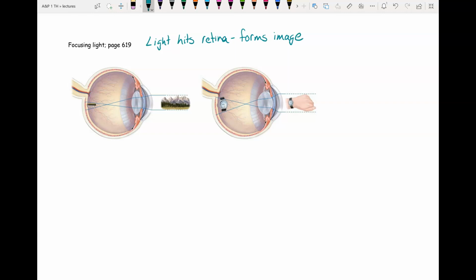One of the important things is that the light must be focused when it hits the retina. And that is the job of your lens. The lens is what focuses the light on your retina. And the lens changes shape in order to do this.